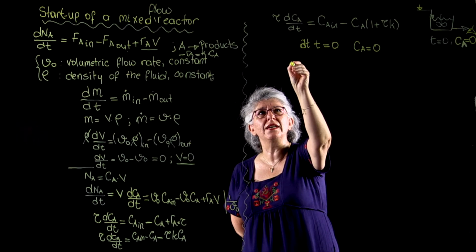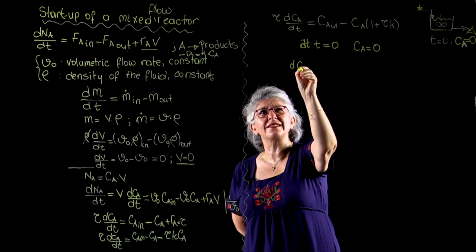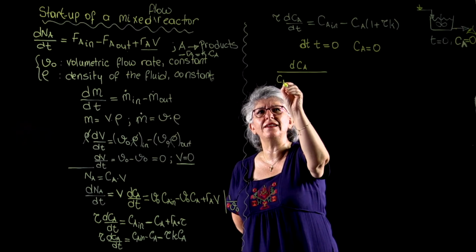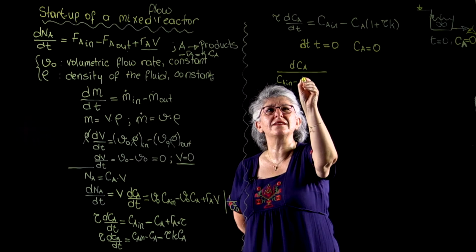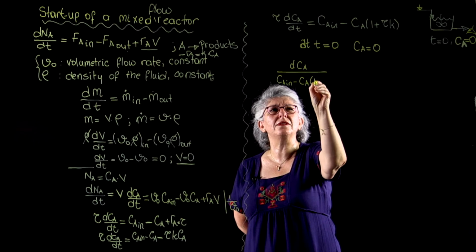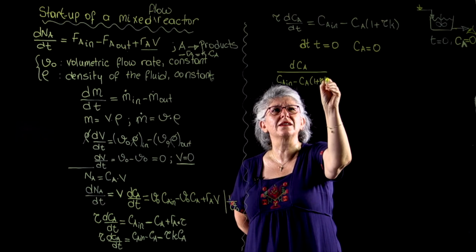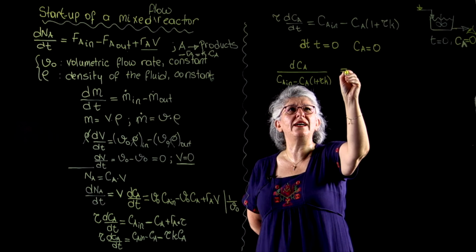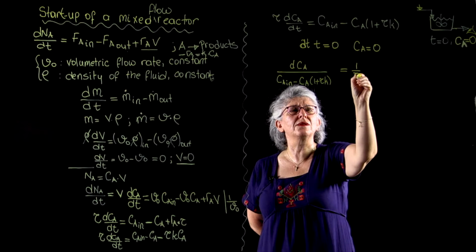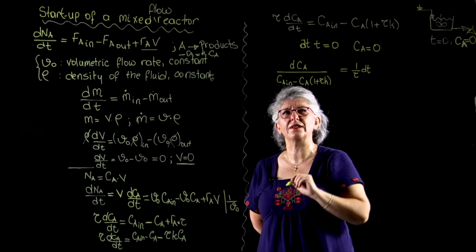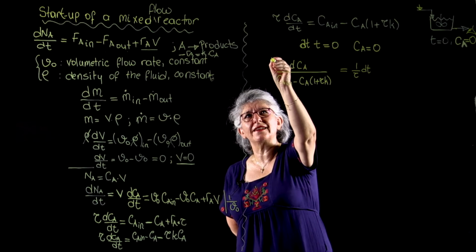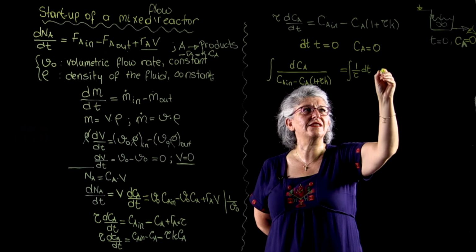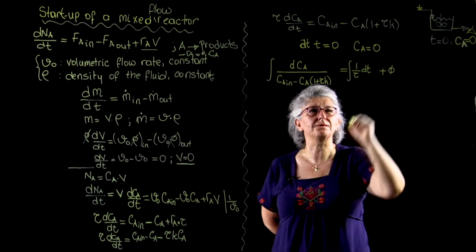I have dCa over Ca in minus Ca times 1 plus tau k on this side, and I'm going to have 1 over tau dt on the other side. When I integrate both sides, I need to add an integration constant I will call phi.